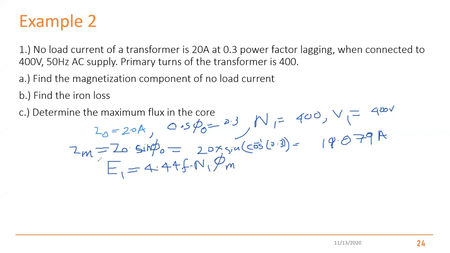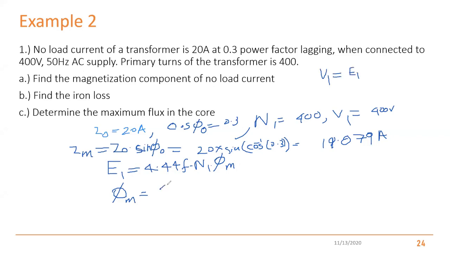From that equation you can calculate the flux. Since there is no internal resistance in the windings, we can assume that V1 is equal to E1.